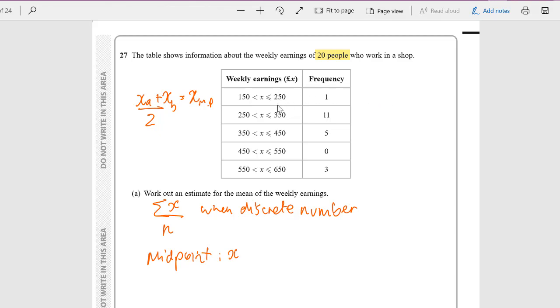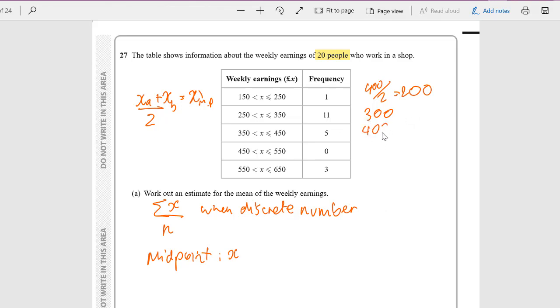So 150 plus 250, that's 400, and then divided by 2. 400 divided by 2 is 200. I mean, you can just read off there and see where the midpoint is without doing it. Obviously, if the numbers were much larger and they weren't so easy and were further away from one another, then you could use this formula to calculate it.